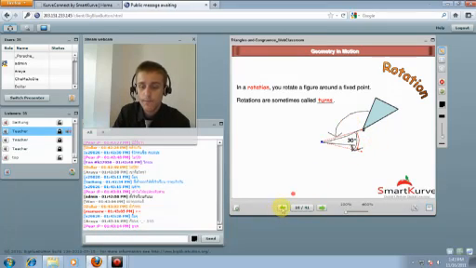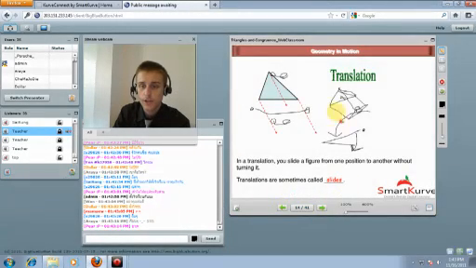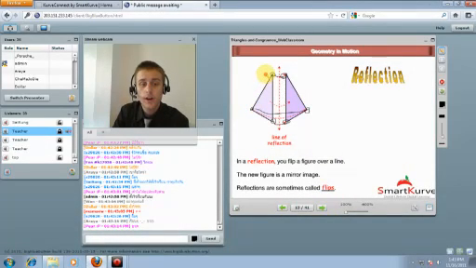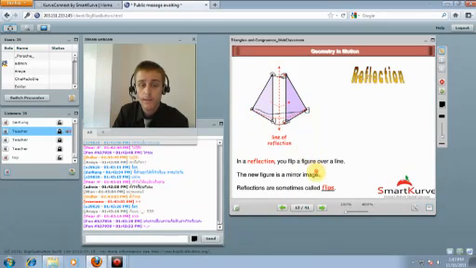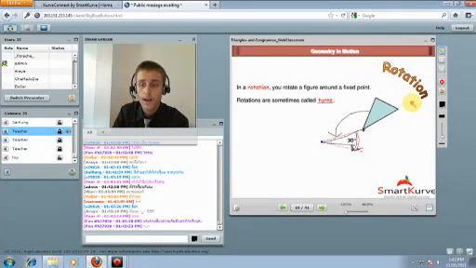So in a recap, in translation, you slide the figure without changing any dimensions or sizes. In a reflection, you flip the figure over a line, showing the mirror image. And in a rotation, you turn the image around a fixed point.